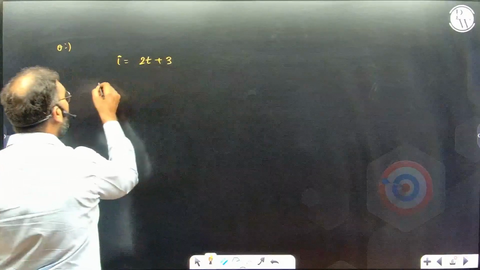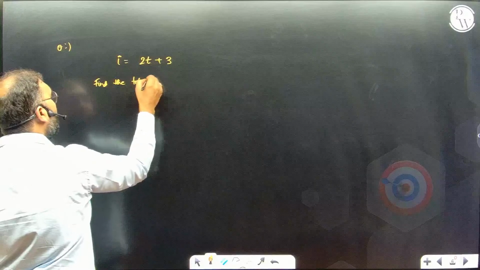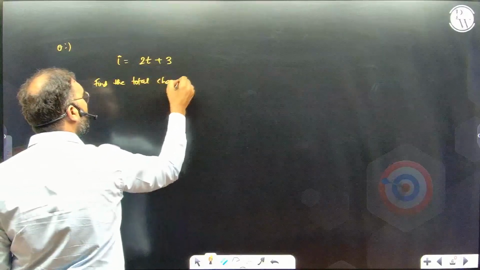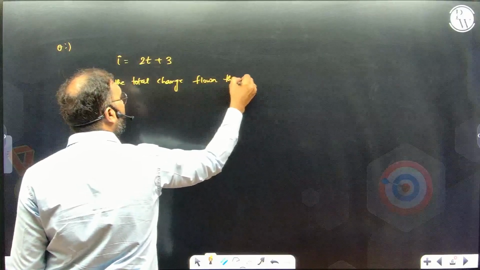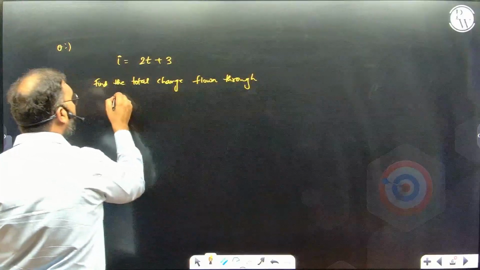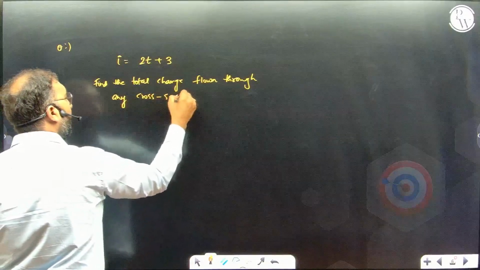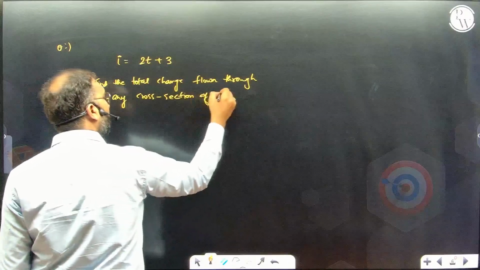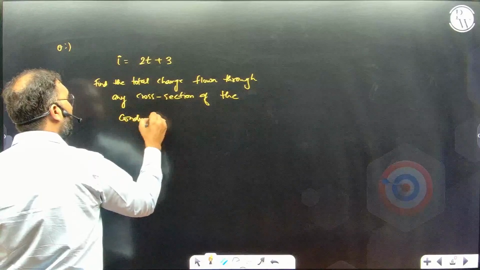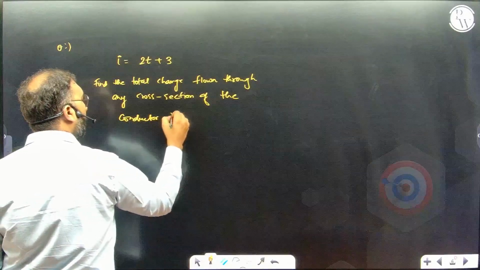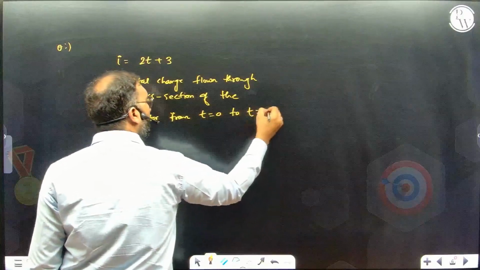So the question can be: find the total charge flown through any cross section of the conductor from t equals 0 to t equals 2 seconds.